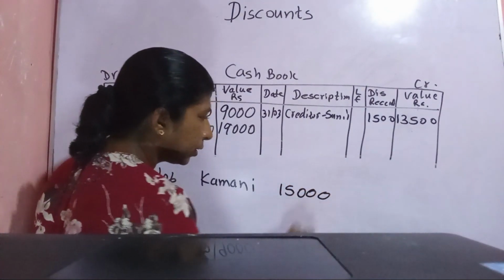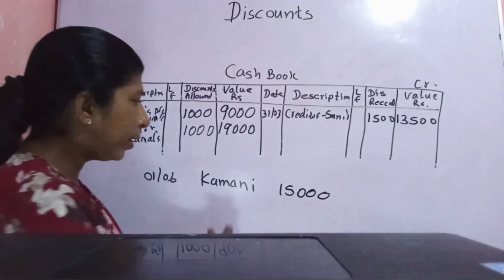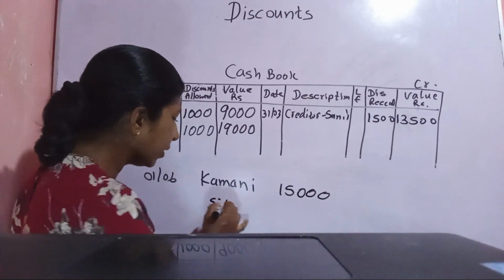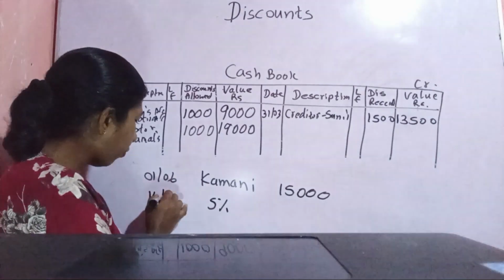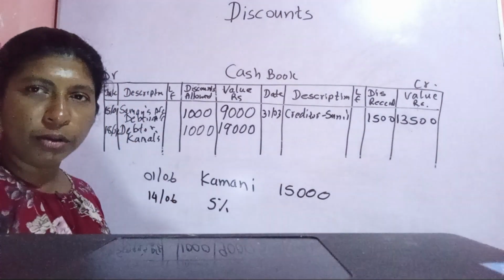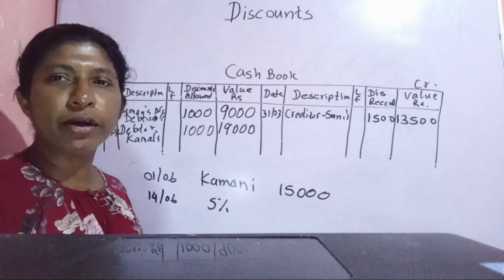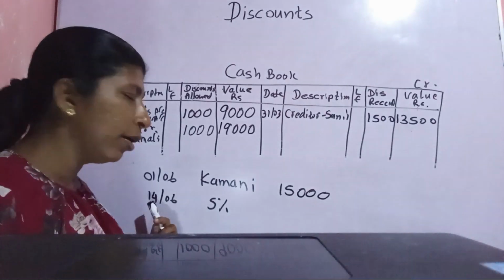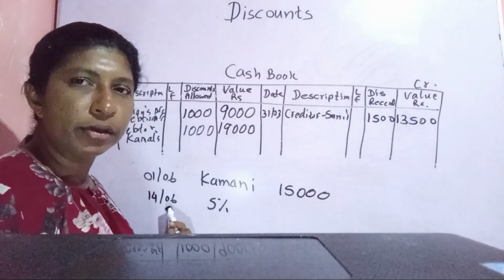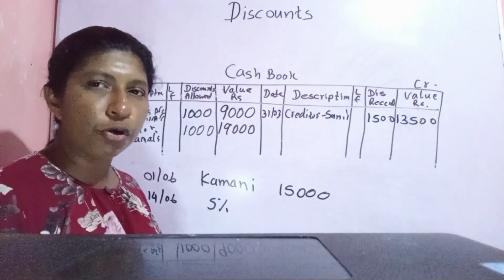We have purchased goods for 15,000, and Kamani has given us 5% discount when we are making settlement on 14th June. Because she has given a credit period of 1 month, but we have settled before that, on 14th June, we are receiving this discount of 5%.